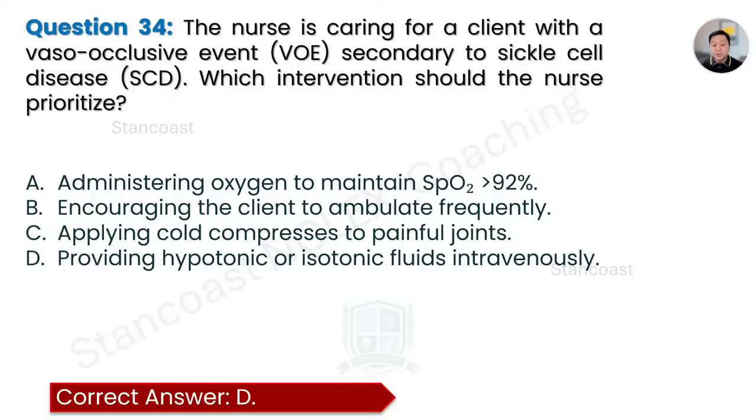And so what we should be doing here is to promote rest and hydration, not encouraging the client to ambulate. For letter C, this is another incorrect option. Cold compresses are contraindicated because they can cause vasoconstriction, which can worsen the crisis. So what you should do here instead is to apply warm compresses to promote vasodilation.